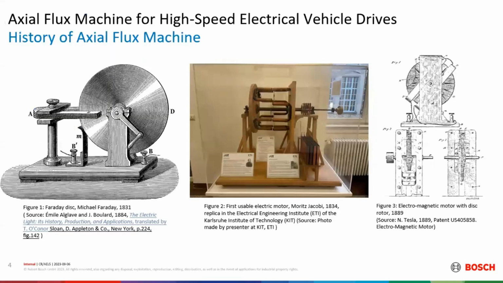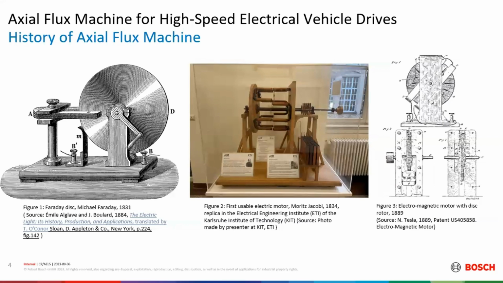So the story of axial flux machine can trace its roots back to Faraday's disk experiment in 1831. He spun a copper disk between the poles of a horseshoe magnet and connected two wires to its rim and axle. Not only did this experiment prove that moving conductors through a magnetic field can generate electricity, but it also gave us a sneak peek into the basics of how axial flux machines work.